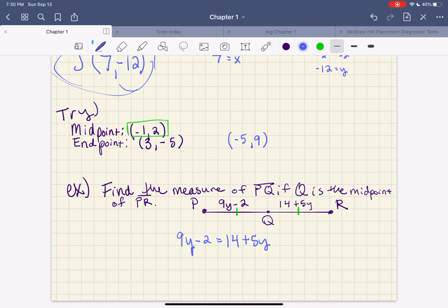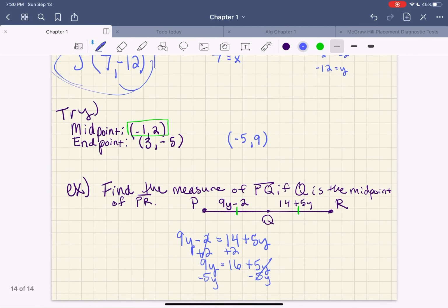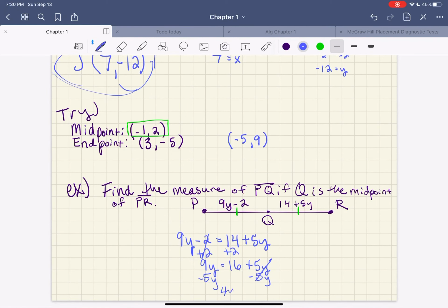I've got one variable. All I've got to do is move some things around so they're on the same side. So y equals 4.